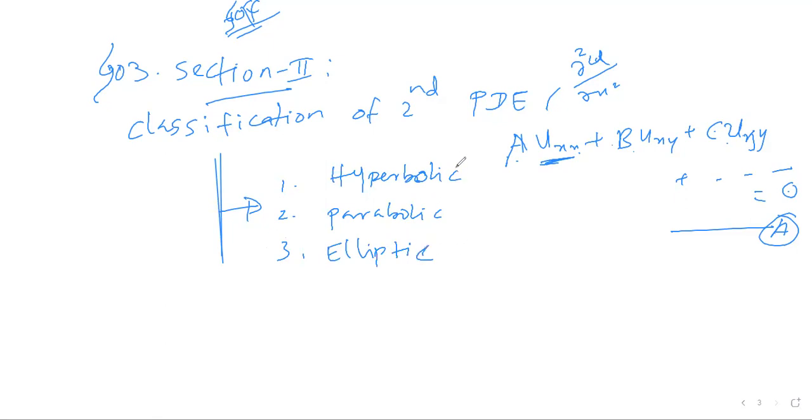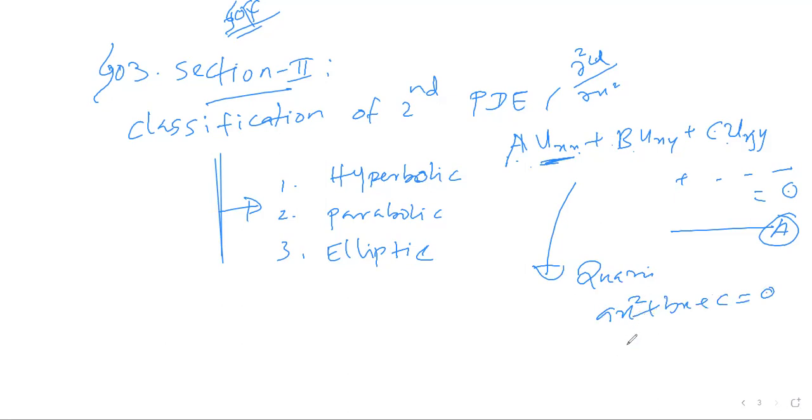This comes from second order equations like quadratic equations, in the sense of our algebraic equation ax squared plus bx plus c equal to 0. Like that way we are going to treat this.